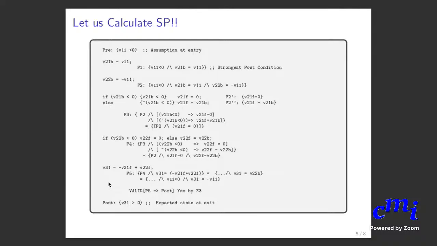Here they all range over real numbers; they could be any real numbers. So V11 will continue to be less than 0, and V21B will be equal to V11. All the rest unchanged. And you can see that this is precisely what happens, because that completely captures the effect of this assignment.